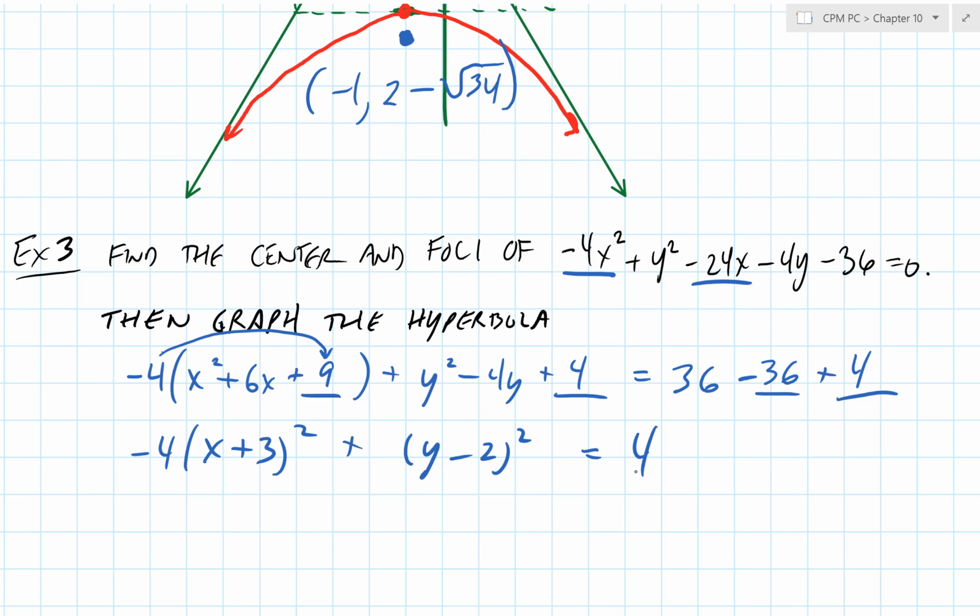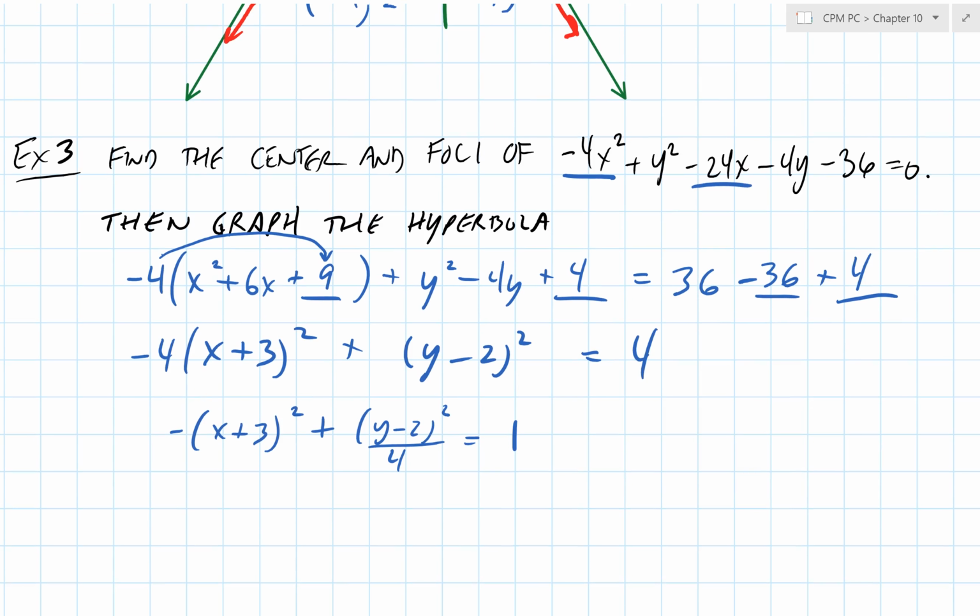So I'm going to divide both sides by 4. And this first term is negative, so we should switch these. So it's going to be (y minus 2) squared over 4 minus (x plus 3) squared.